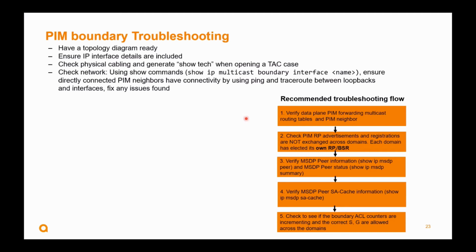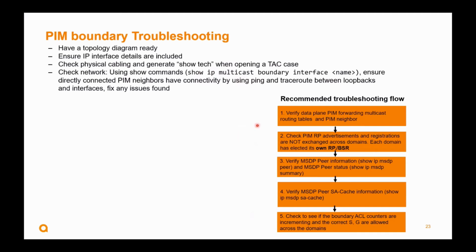There's an option of a top down or bottom up approach, and then divide and conquer. With experience, we can say, based on certain things, I'm just going to go here and check these MSDP or take a look at that show IP multicast boundary interface, make sure that I do see some hits on those ACLs and so on.